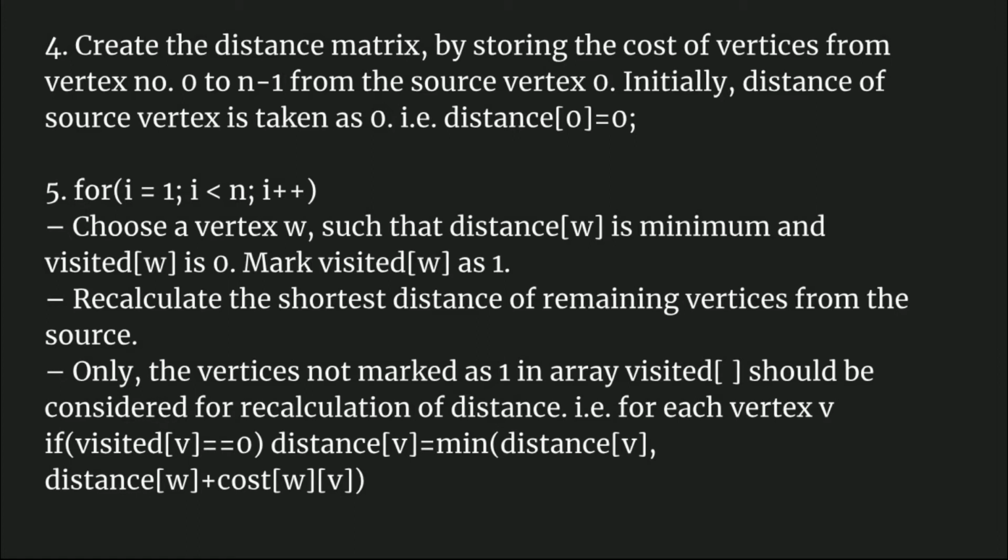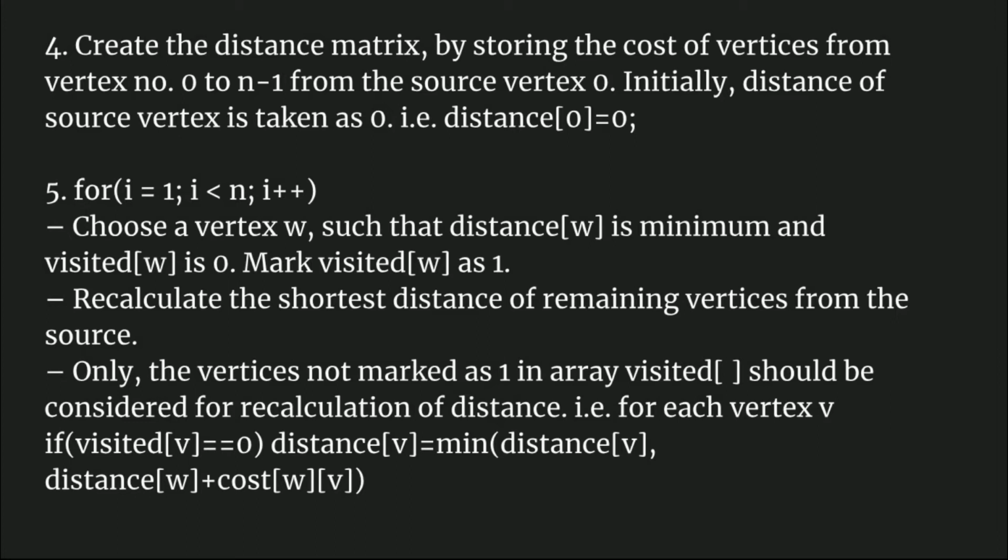For the last step, we'll have a for loop which will iterate through all the nodes of the graph, and in here we'll choose a vertex w such that distance[w] is minimum and visited[w] is 0. Then we mark visited[w] as 1. We recalculate the shortest distance of the remaining vertices from the source.